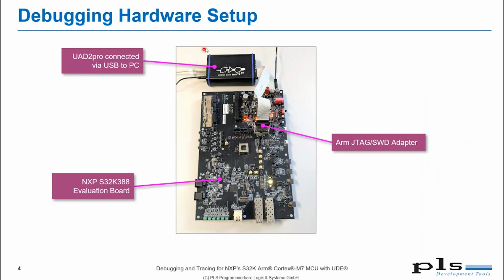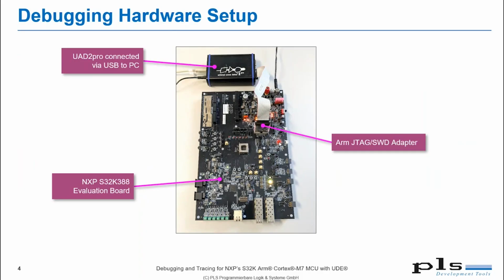We see the UDE 2 Pro, which is the basic debug device of our universal access device family, connected to the PC via USB and to the microcontroller using what we call a JTAG SWD adapter. This is Arm specific here. It's not quite good, that picture here. This is the adapter here, which is the only target specific part in that setup.